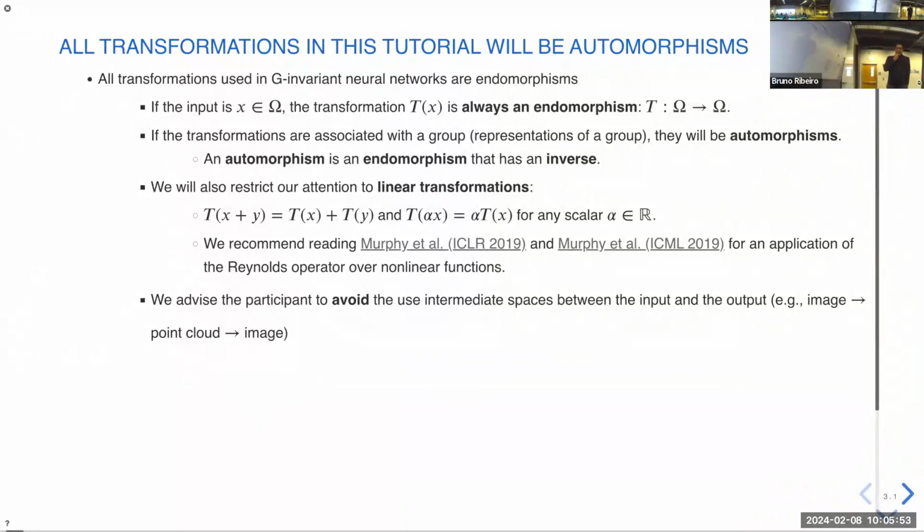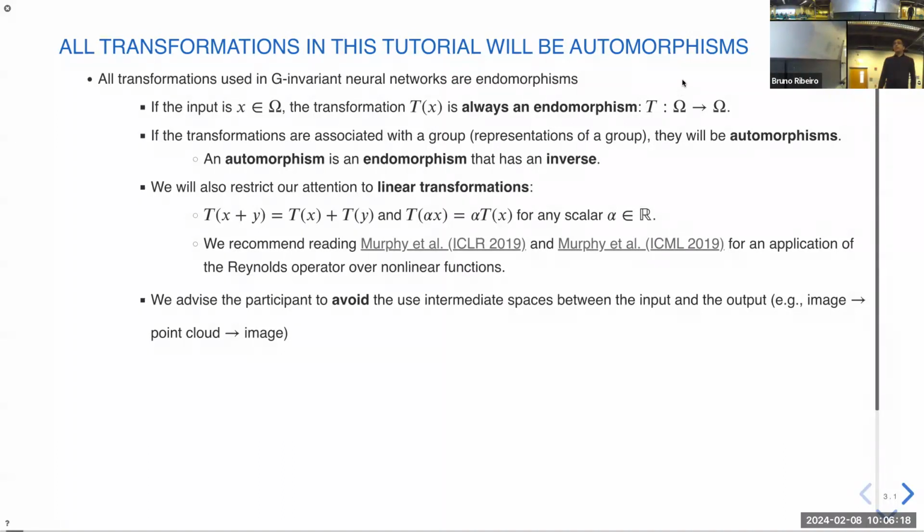With that out of the way, I will say that all the transformations in this tutorial will be automorphisms, because all the transformations in G-invariant neural networks are endomorphisms. So for instance, you're essentially taking an object in a space and then mapping it to the same space, right?